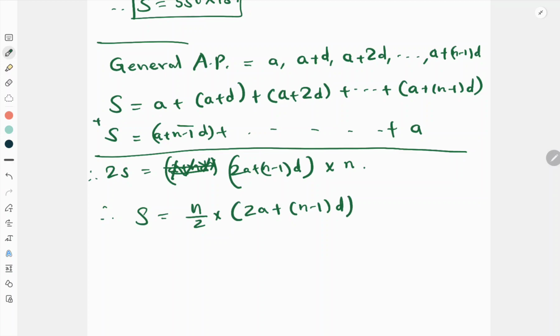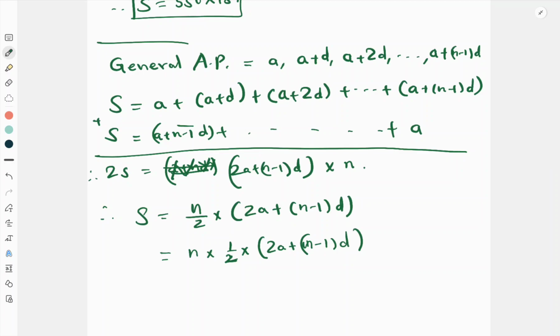Another way of looking at it is I can also write this as n times half times 2a plus n minus 1 times d, which is basically saying this half of 2a plus n minus 1 d is the average value of the first and last, or the second and the second last terms, and so on.